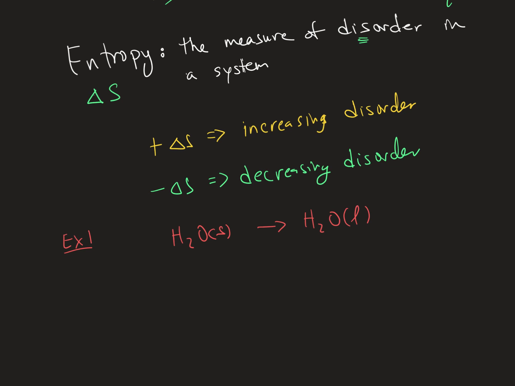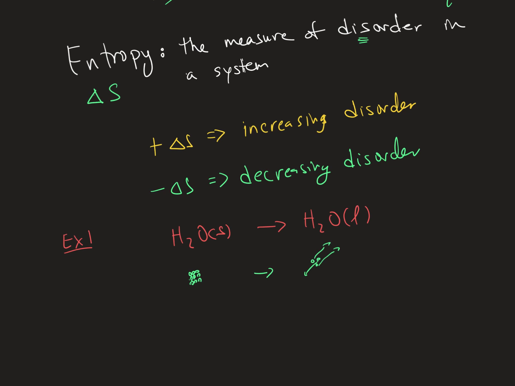Increasing disorder, because we start with a solid, which is, here's our solid, right? You remember drawing a solid? Going to something that's a little bit less ordered. So it goes a little bit more disorder.